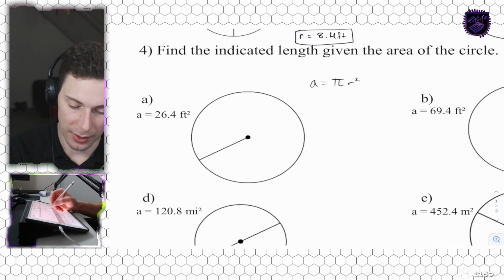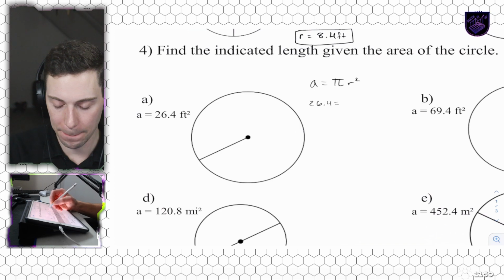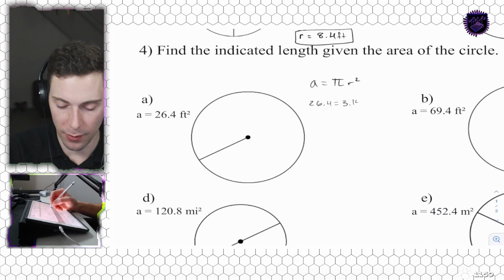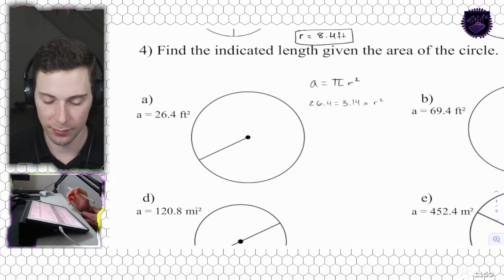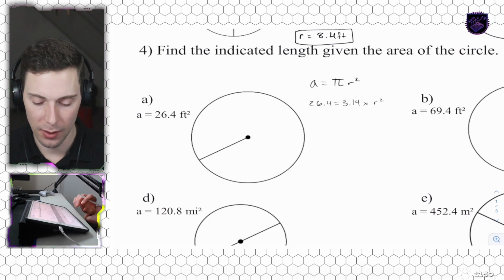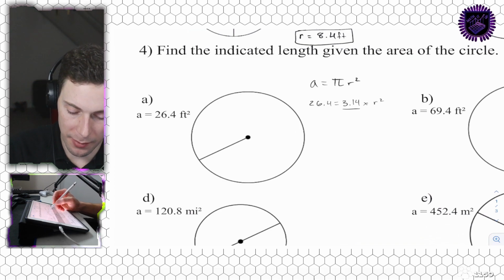We know our area. It's 26.4, which is equal to 3.14 times r squared. So we're going to divide by 3.14 on both sides.